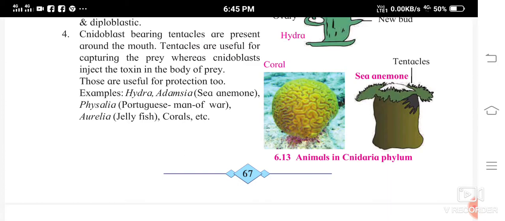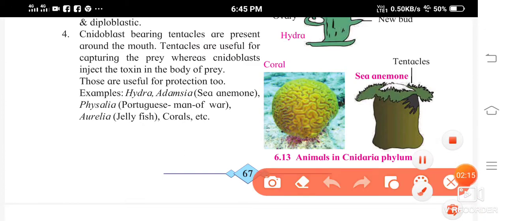Now, these tentacles help to capture the prey. If the prey comes near the tentacles, they are going to capture it. And the cnidoblasts are going to inject the toxin into the body of the prey.